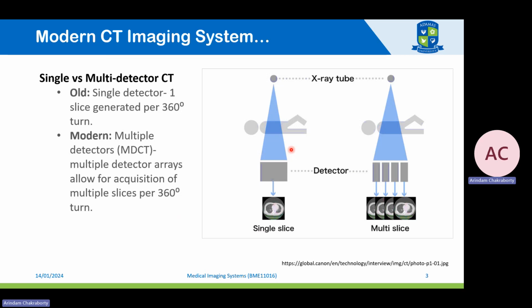Again, like I said, the collimator decides the slice thickness or the slice width in the case of a single detector array, while the collimator covers the beam width when we talk about multiple slice CT systems.